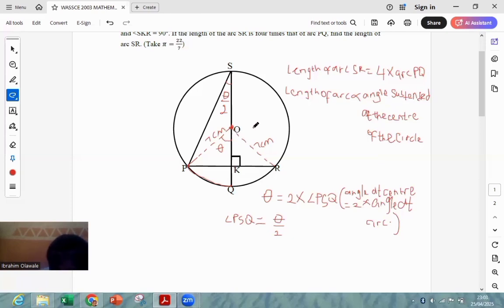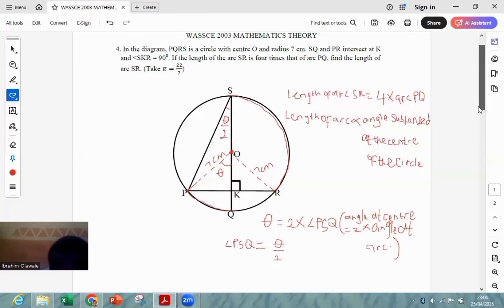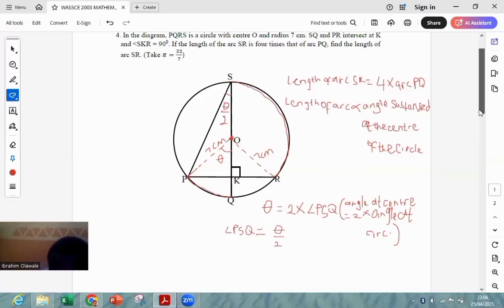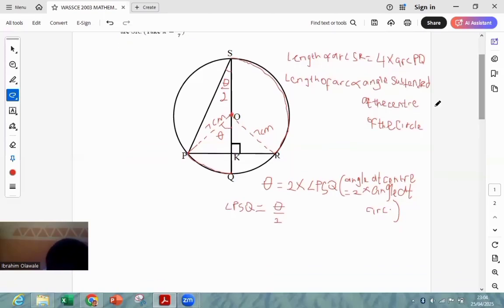Next, let us check the angle that arc SR is subtending. First, we should take note from the condition we are given that the length of arc SR is 4 times that of arc PQ. Like I said, the length of arc is proportional to the angle subtended at the center of the circle.